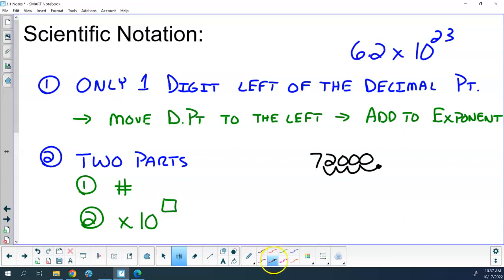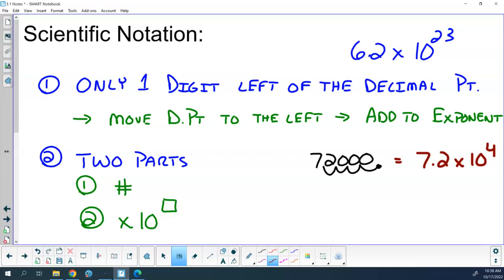So this would be 7.2 times 10 to the 4th, because I moved that decimal point over 4 times.